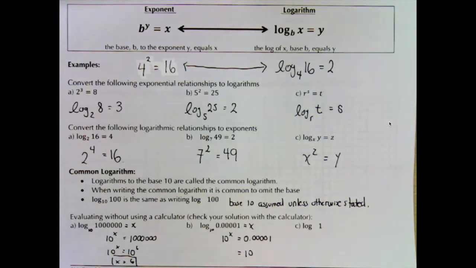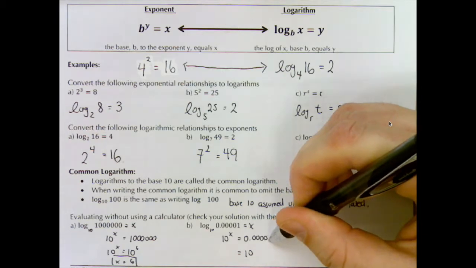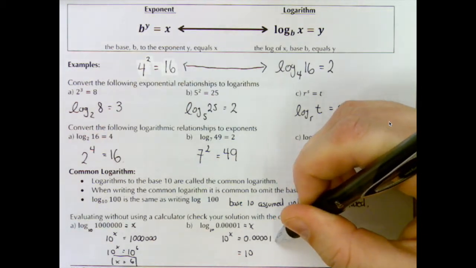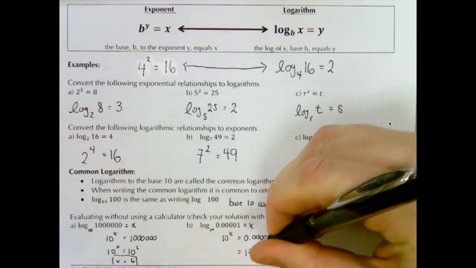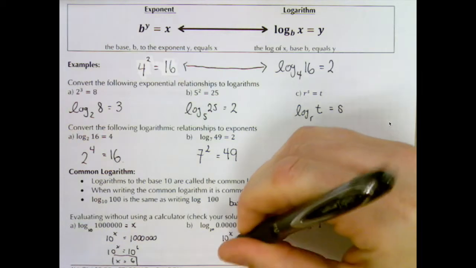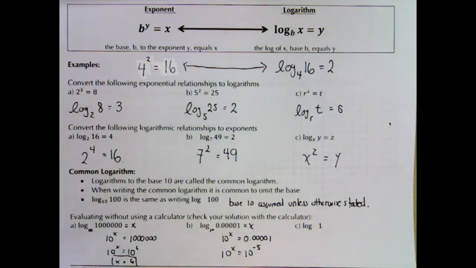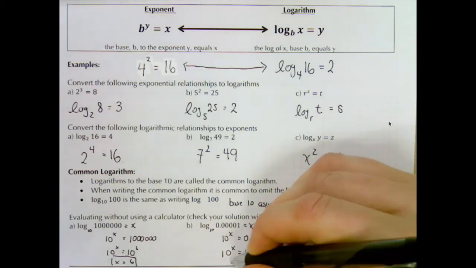And it would be, well, if we move the decimal 1, 2, 3, 4, 5 times, we would get 1. So it would be 10 to the exponent -5 because we're moving to the right. So 10 to the exponent x equals 10 to the -5. We can equate the exponents and get -5.